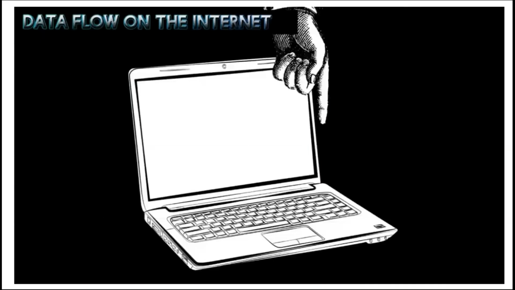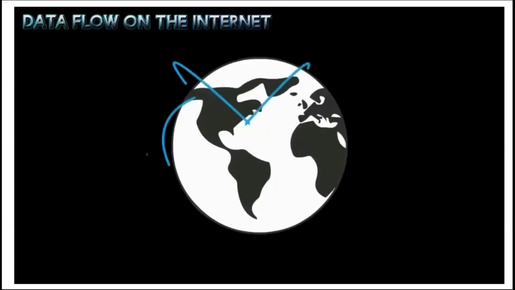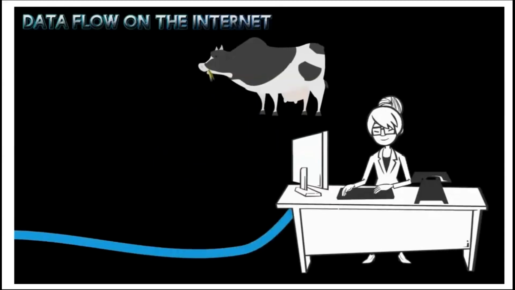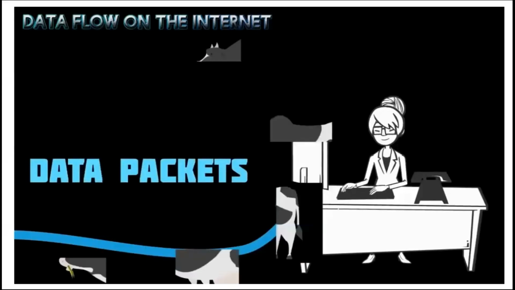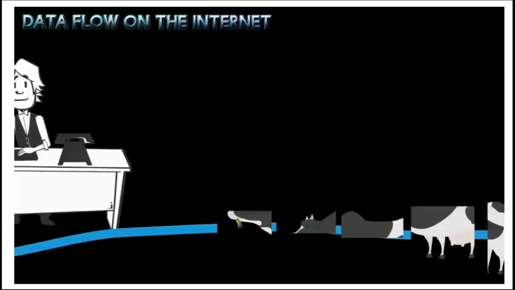Let's look at what happens when you press the Enter key on your computer and send information out to the World Wide Web. The information you send is broken into smaller pieces called data packets. This allows people around the world to use the internet at the same time. Your information is sent through the internet as small data packets and reassembled at the receiver's computer.